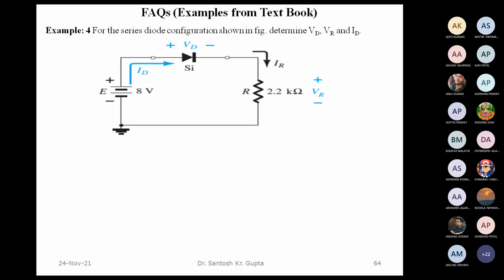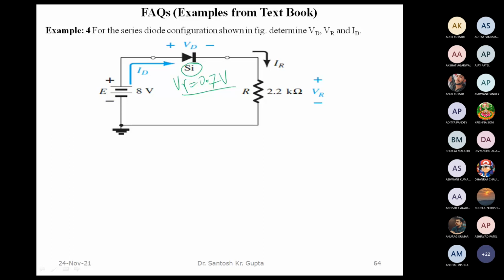Say we have a silicon diode here. Silicon diode means the potential barrier is 0.7 volts. 0.7 volt means we must apply at least 0.7 volt to make this on.